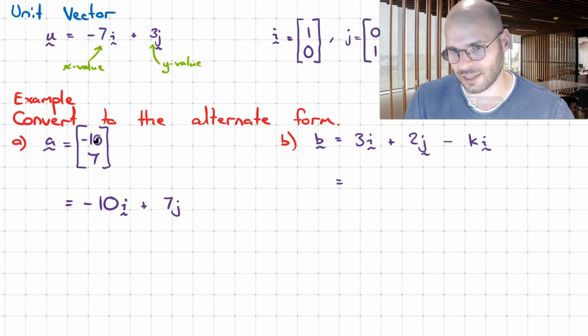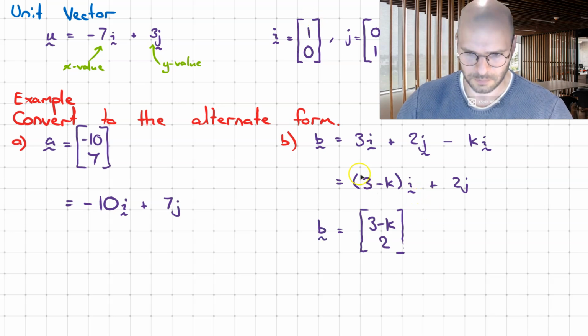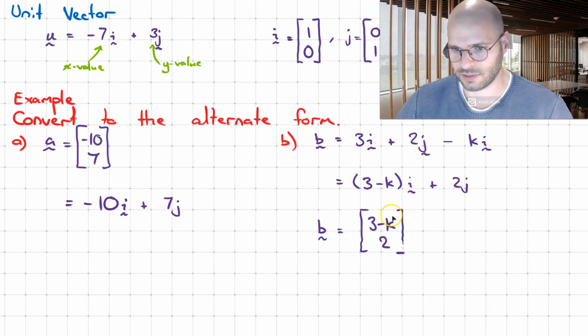First thing we need to do is collect the like terms, so it's going to be (3 minus k)i plus 2j, and then putting it into its column vector form. The x value is 3 minus k, and then we have a 2 over there. So you're going to find that the column vector here is 3 minus k, and then there's a 2 over there. So this is the component vector form. We've gone from unit vector form to component vector form.